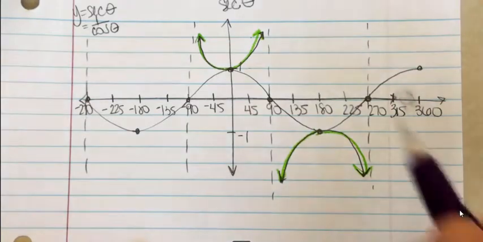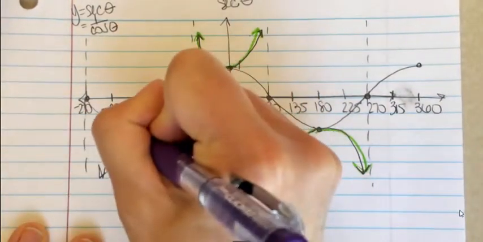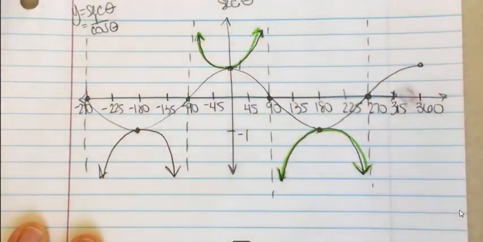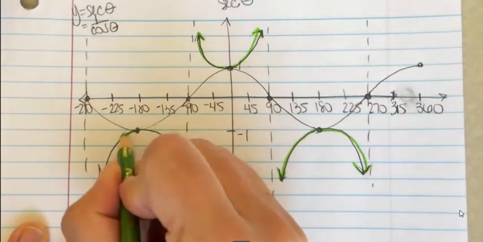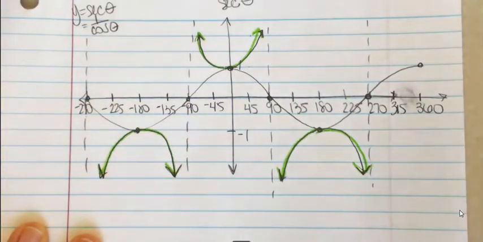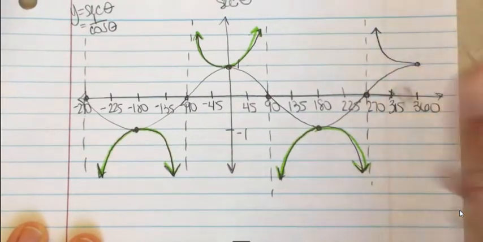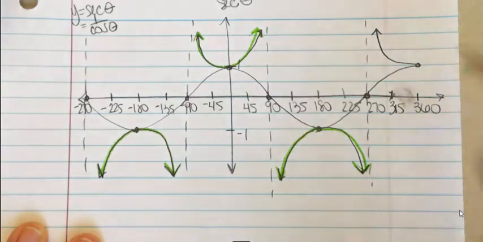180 and negative 180, same thing, right? So you're going to have the exact same type of parabola right there. And then I'll just do part of the graph. So 360 is another high point. And we'll just do half of a parabola.